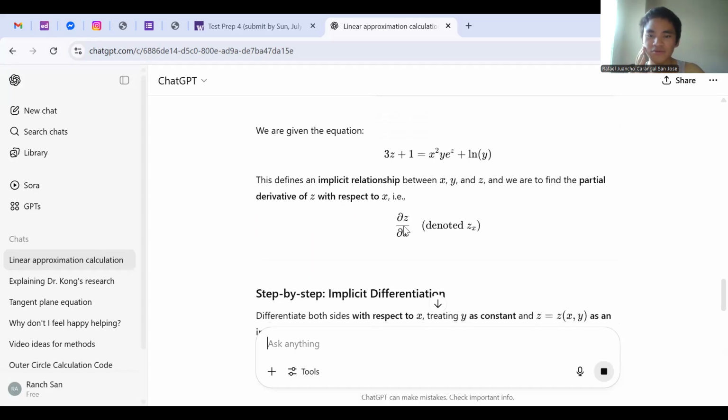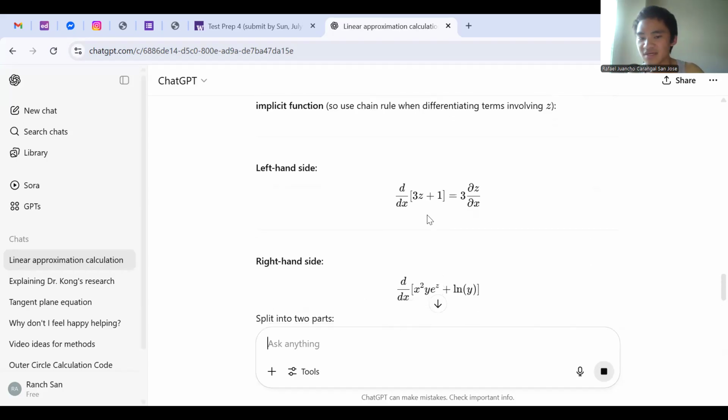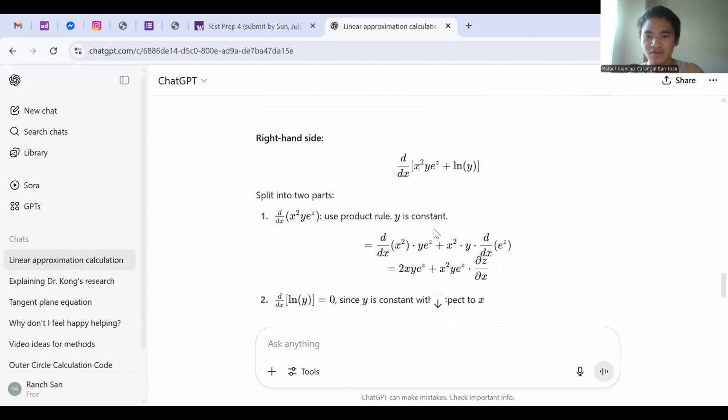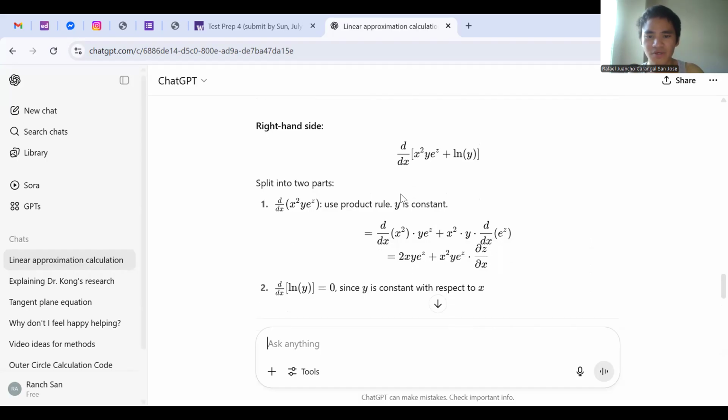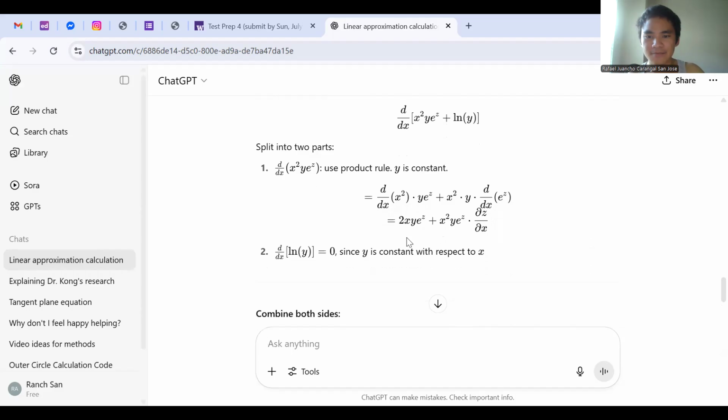So yeah, we differentiate with respect to x. Okay, so the left-hand side, 3z plus 1, is that. The right-hand side, well, we do a product rule in this case. 2xy e to the z, plus x squared y e to the z times its partial.